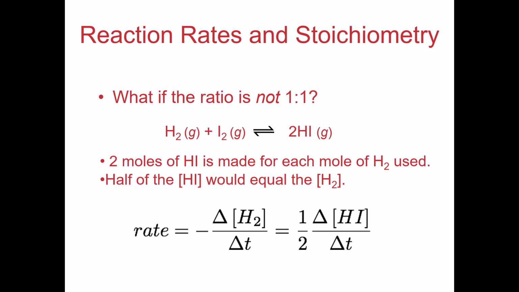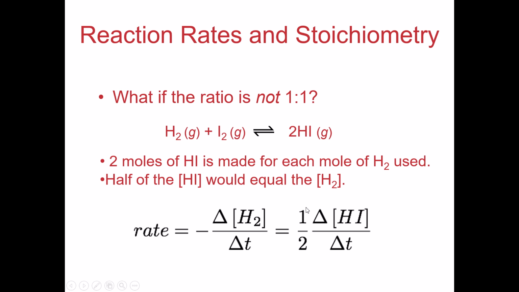Because we have a 1 to 2 relationship, because we're making 2 moles of HI for every 1 mole of H2, in order to set them equal to one another, we'd have to take half of the HI rate to equal the H2 rate.